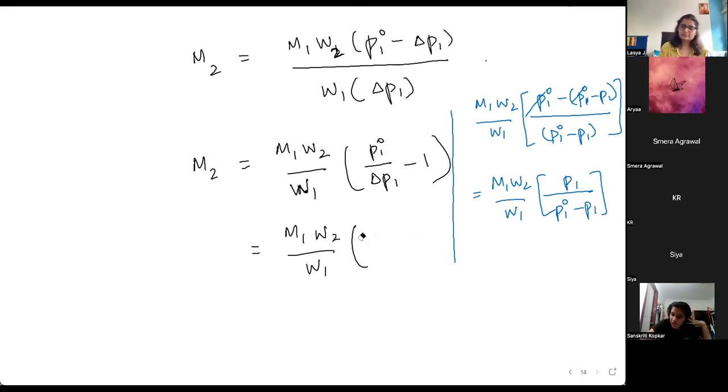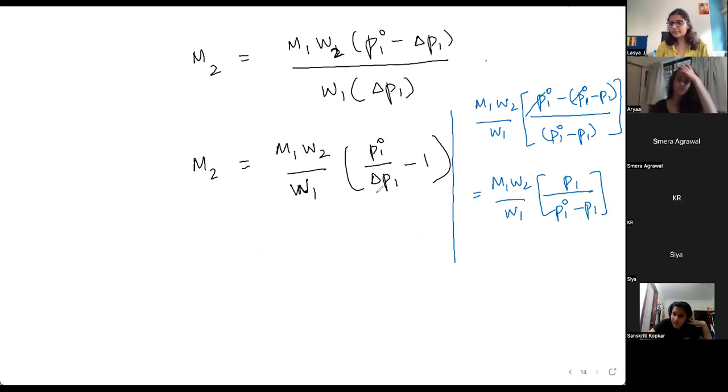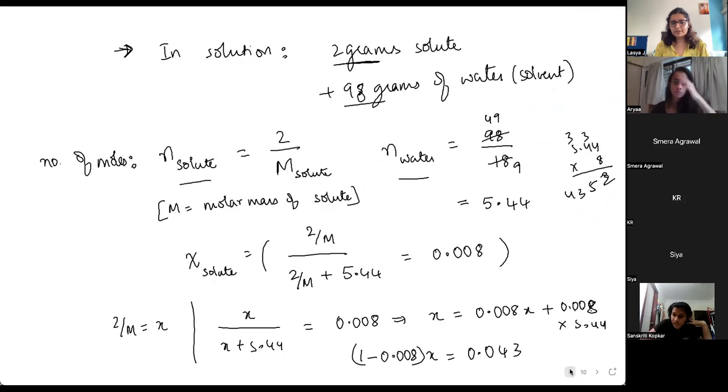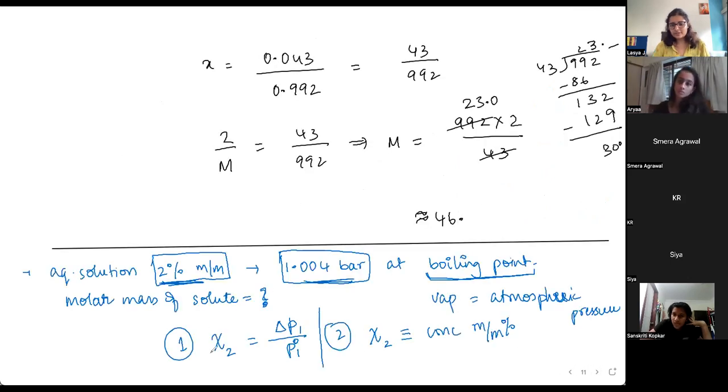Do we have to write the derivation? Up to you. You won't be asked the derivation, you'll be asked direct numericals based on this formula. So you can simply remember the concept alone, and then depending on what is given in the question, whether it's this one or molarity, you can work it out on your own.